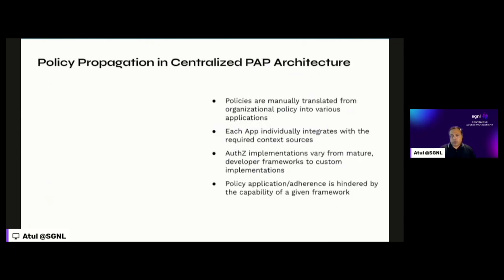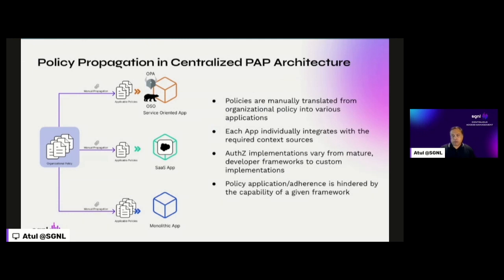Graphically, this is what it looks like: you have defined organizational policies, and you're then going into the SaaS app, or your Rego files or your Cedar files, and making those changes. Or it might be a monolithic application where you're making changes to the code, or to database entries that are leveraged in making those access decisions.